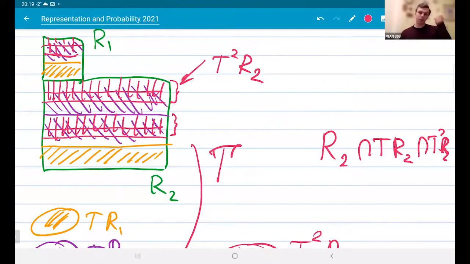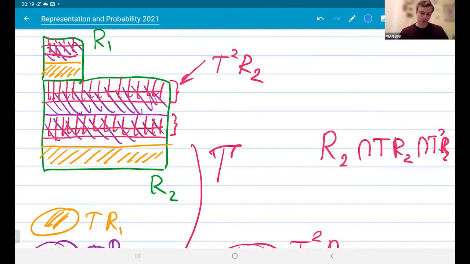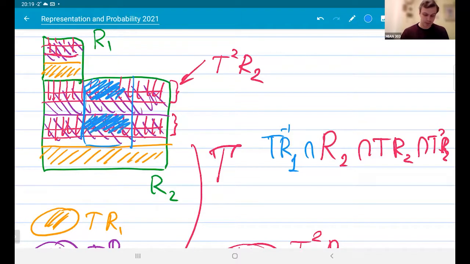Например, если мы будем довешивать что-то назад, то будут вырезаться вертикальные полоски. Если я зафиксирую, что на предыдущем шаге точка лежала в R1, то есть допишу T в степени минус один от R1, то я вырежу вот такое, и у меня останется два таких множества. А если я вперед буду приписывать, то из каждой полосочки буду что-то вырезать.